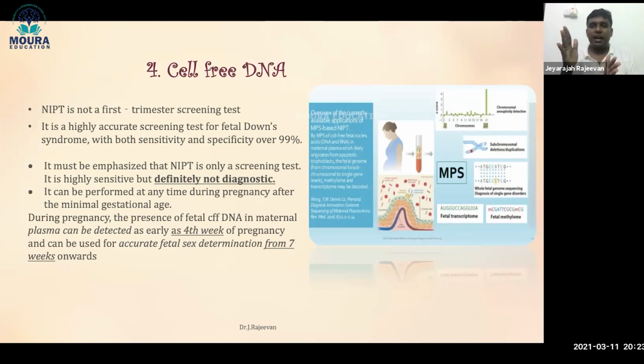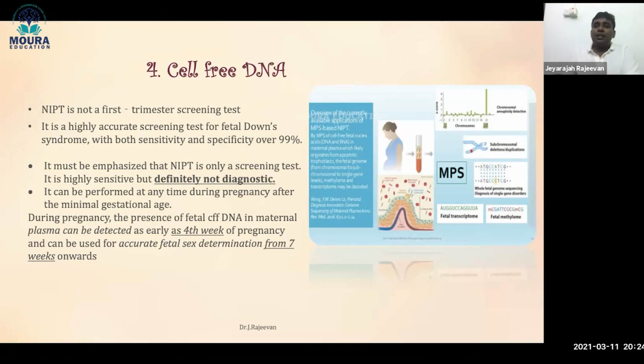At the same time, the fetal tissue also will be degraded, so fetal DNA will be in the bloodstream. This cell-free DNA will cross the placenta and enter into the maternal circulation.